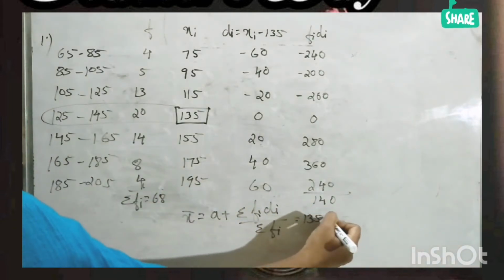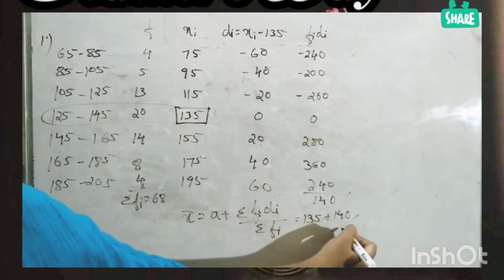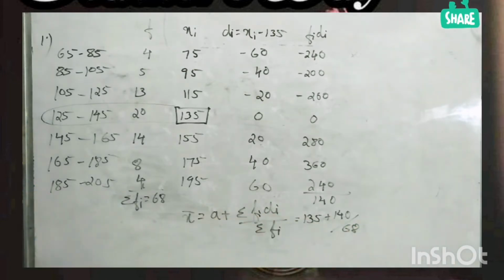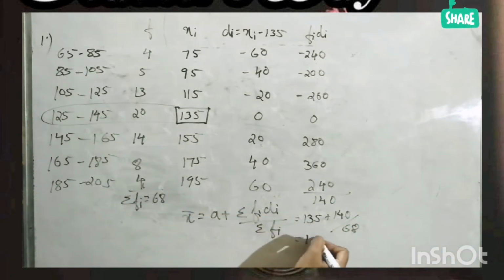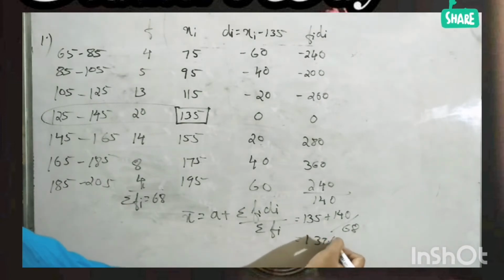So 135 plus 140 divided by 68, and this we will get as 137.06. What was our median? That is 137, and now we got the mean is equal to 137.06.